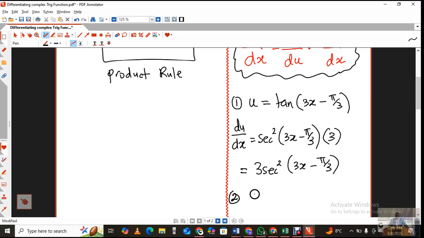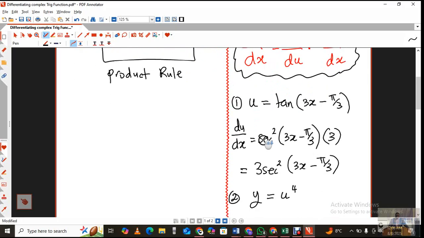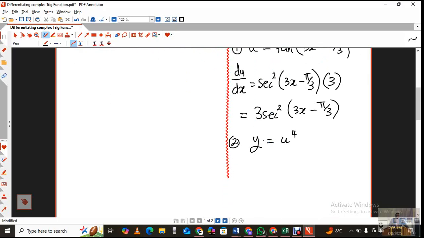The second thing that I'm going to say is let y equal u to the power of 4. Remember, I'm still busy with that yellow one there. Now, the derivative of this is just dy/du using the power rule and reducing by 1.